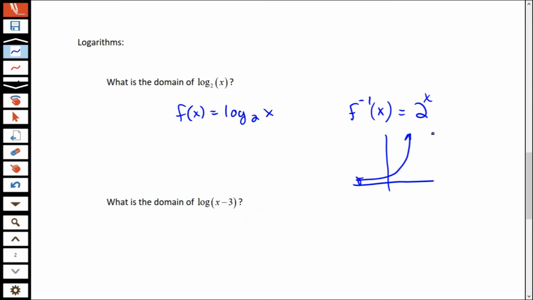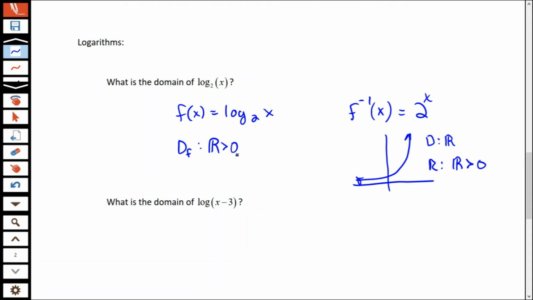And sketching that graph right here, we know the graph looks like this. Its domain is all reals, and its range is reals greater than 0, which means that for f of x, the domain of f of x has to be equal to the range of its inverse, reals greater than 0.